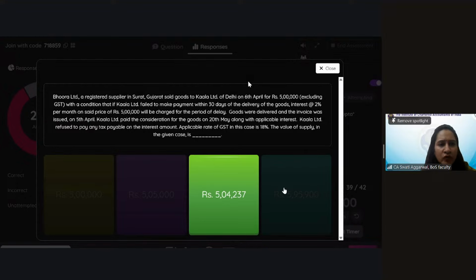Is this clear to all of you? This is the toughest question which students feel. If anybody of you has not been able to understand, I will explain it again. ₹5,000 is the interest amount, but it is inclusive of GST. Kala has refused to pay anything more, any tax on the interest, so ₹5,000 is inclusive of GST, so 5,000 rupees multiplied by 100 divided by 118. So the value of supply comes to ₹5,04,237.